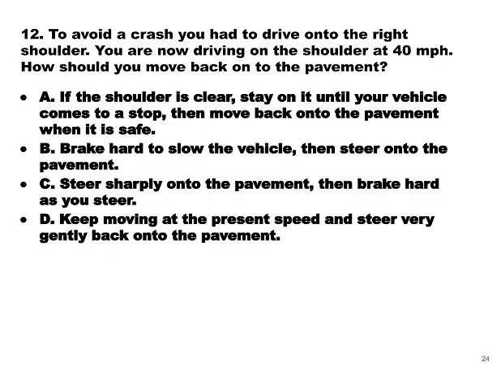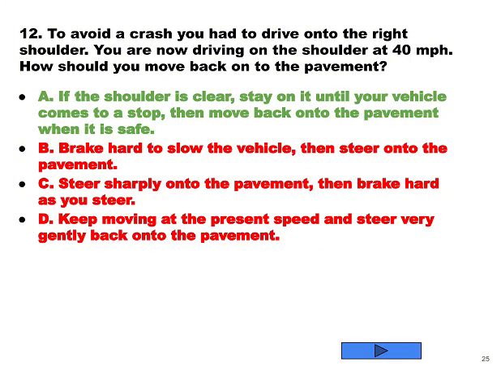C, steer sharply onto the pavement, and then brake hard as you steer. Or D, keep moving at the present speed and steer very gently back onto the pavement. The answer is A, if the shoulder is clear, stay on it until your vehicle comes to a stop, then move back onto the pavement when it is safe to do so.